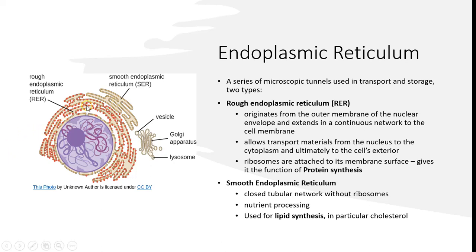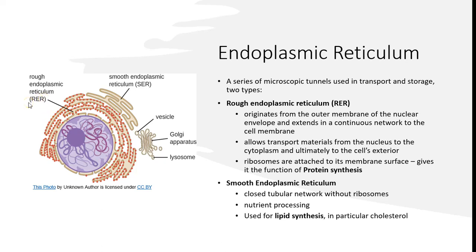Again, there are two different types. Here where you see the red dots, that is what we refer to as the rough ER, or the RER. The reason it's called rough is because microscopically it looks rough, and that's because on those surfaces are these little red dots known as ribosomes.